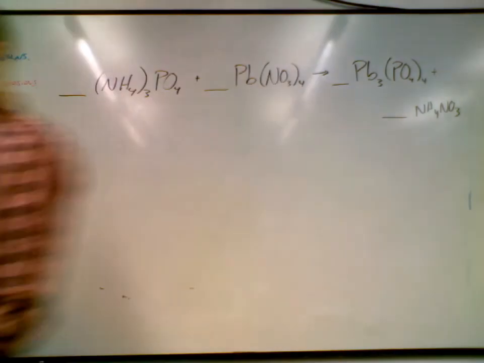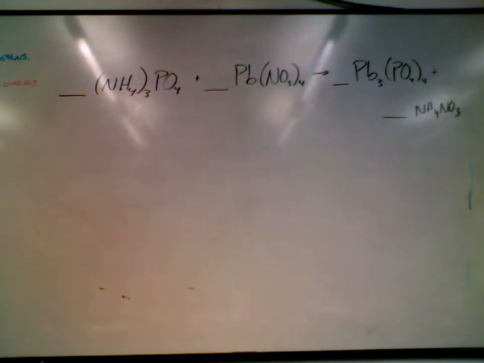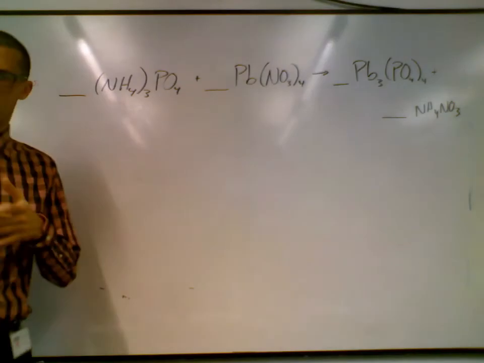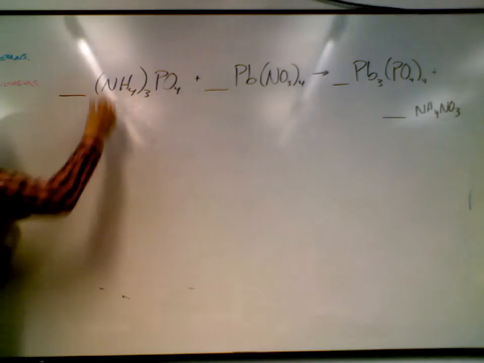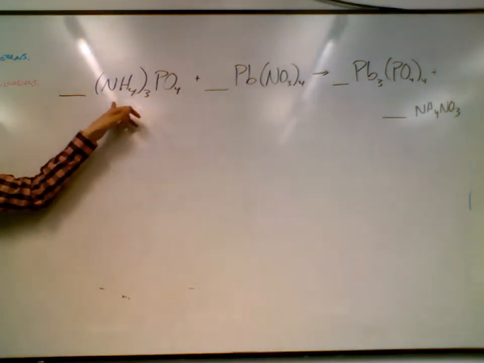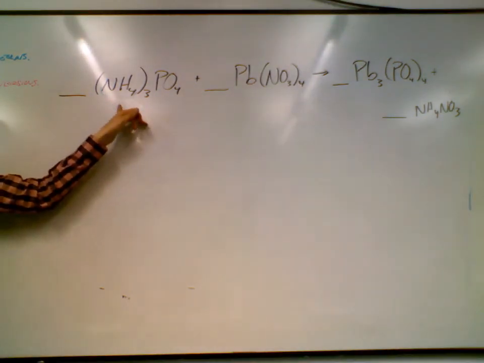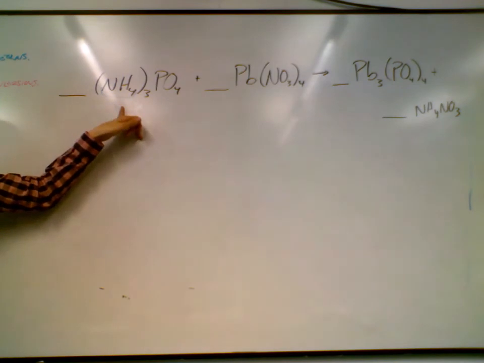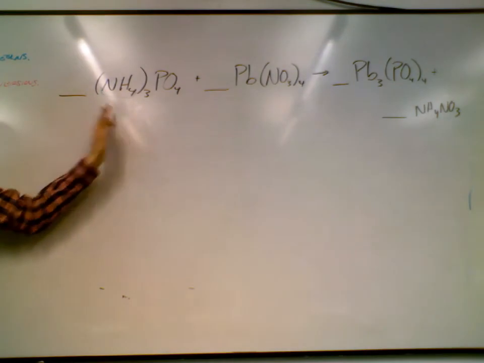This question, I use mostly in the honors class because they've learned about these chunks of atoms that always travel together. These chunks of atoms have a special name called polyatomic ions, which is not important for you guys. You don't need to know that stuff. Just know that there are chunks of atoms, and that's how we're going to solve these.